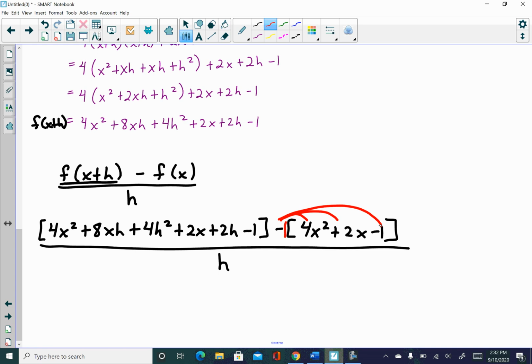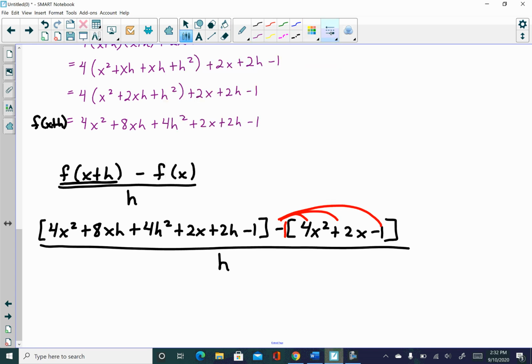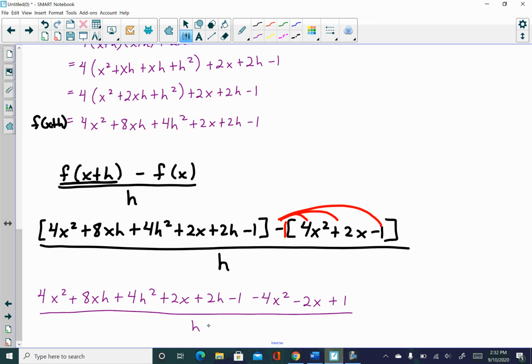So let's bring down that first bracket. Minus 4x squared minus 2x plus 1, all divided by h.